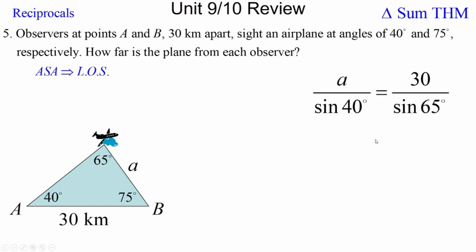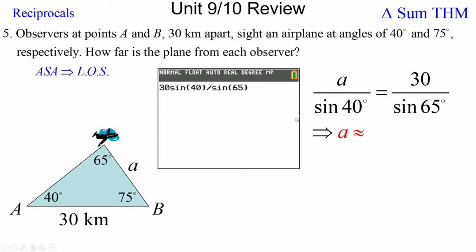All right, so to find A, it's one step. Let's multiply both sides by sine of 40. So A is 30 sine of 40 degrees divided by sine of 65 degrees. And I am getting, to 3 sig digs, 21.3.